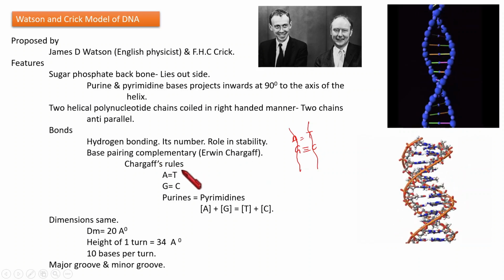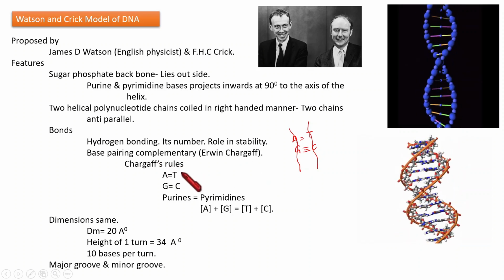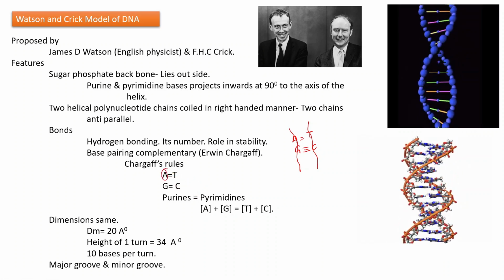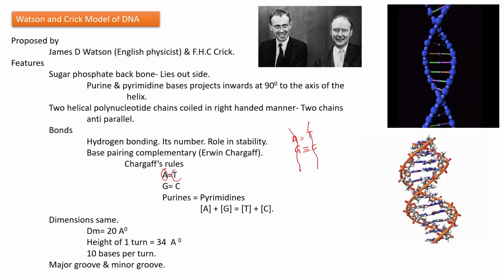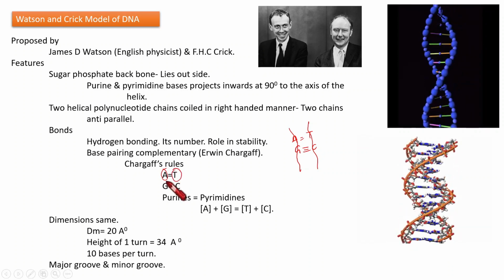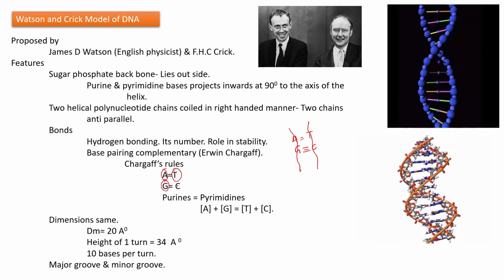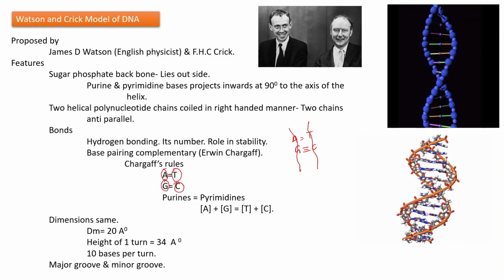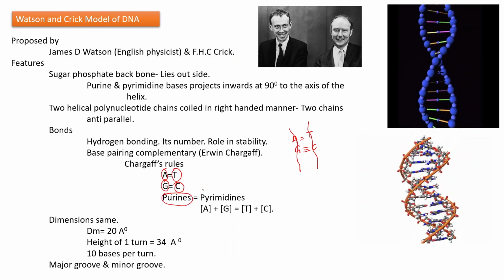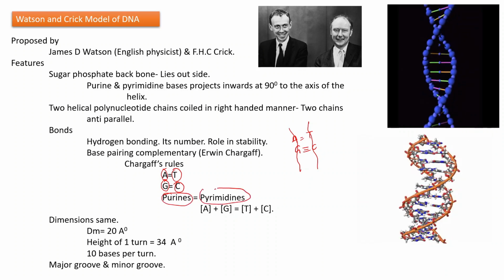And what are those rules? The rule says that the number of adenine will always be equal to the number of thymine in the DNA. And the number of guanine will always be equal to the number of cytosine. And the total number of purines will be equal to the total number of pyrimidines.